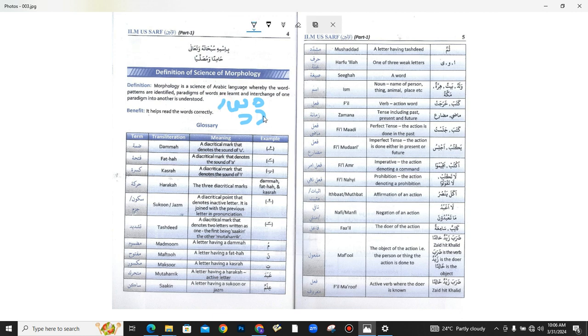And as I told you earlier, if there is any letter having jazm, a previous letter must exist before it. So everywhere in the Holy Quran or any other Arabic, written or spoken, wherever a letter is sakin, having jazm, before that there must be a mutaharrik harf.